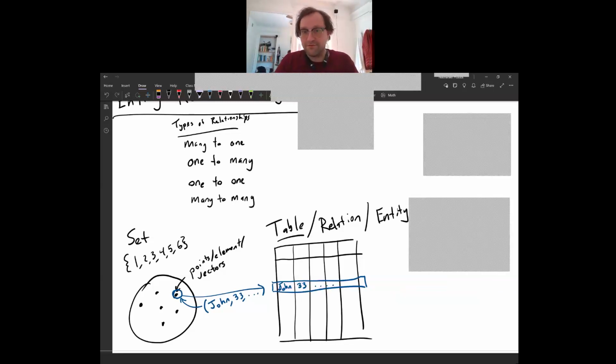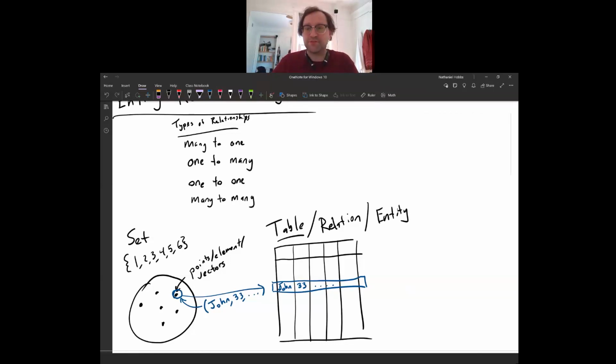The set perspective and the table perspective are both equally valid, so you can think about it either way. Sometimes problems are easier thinking about it one way, sometimes another way.